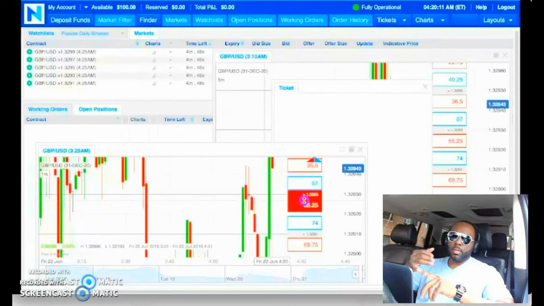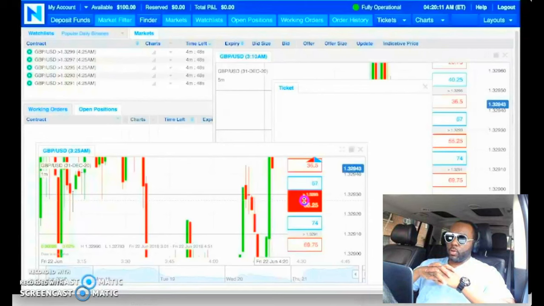It included some in the money trading, mostly at the money trading, and there was also an out the money trade as well. I want to talk more specifically about at the money right now. And this is primarily just to educate those of you who are unfamiliar with this terminology. You might hear the phrases or the words, but you don't fully understand what it means. So this is educational for you, okay?